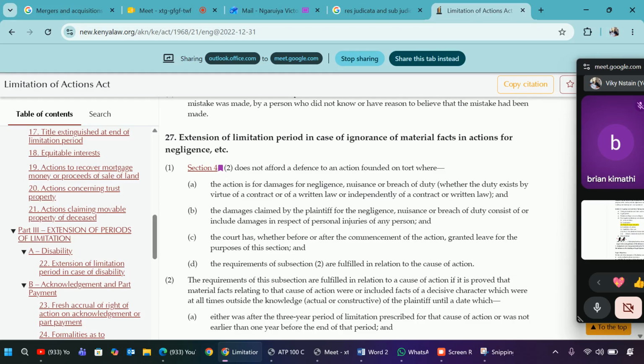Section 4 does not afford a defense to an action founded on tort where (a) the action is for damages for negligence, nuisance, or breach of duty, whether the duty exists by virtue of a contract or of a written law, or independently of a contract or written law, and (b) the damages claimed by the plaintiff for the negligence, nuisance, or breach of duty consist of or include damages in respect of personal injuries of any person, and (c) the court has, whether before or after the commencement of the action, granted leave for the purposes of this section.